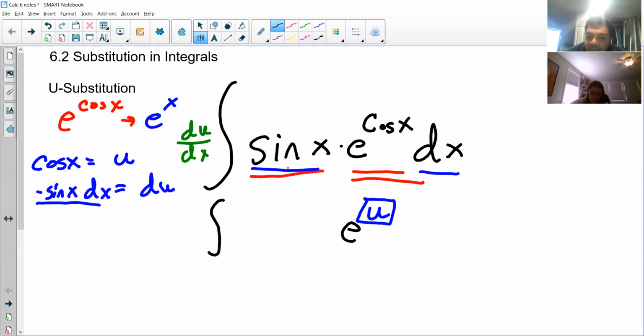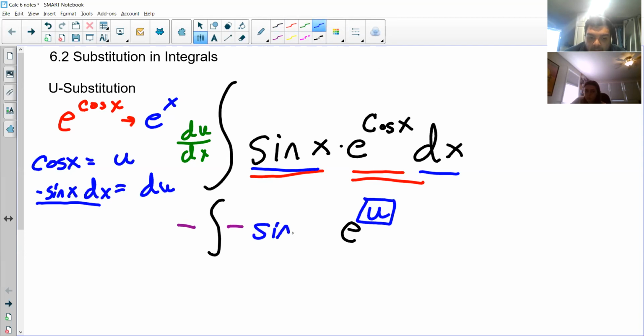Now my problem is I almost have it. It's sine x dx, but I need negative sine x dx. So what I'm going to do is add a negative here. If you add a negative inside the integral, technically I'm multiplying by a negative, then I'm going to divide by a negative on the outside of the integral. If you put one on the inside, you have to put one on the outside, so it stays equal.